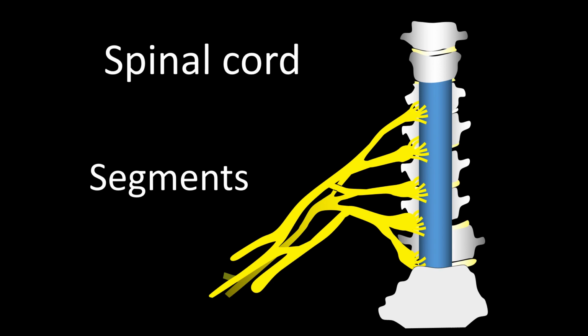The spinal cord is made of virtual segments. I say virtual because the spinal cord lacks segmentation in its external surface. The spinal cord segments most often related to the brachial plexus are C5, C6, C7, C8, and T1.